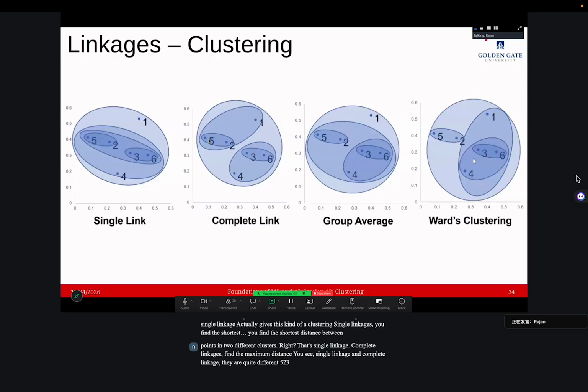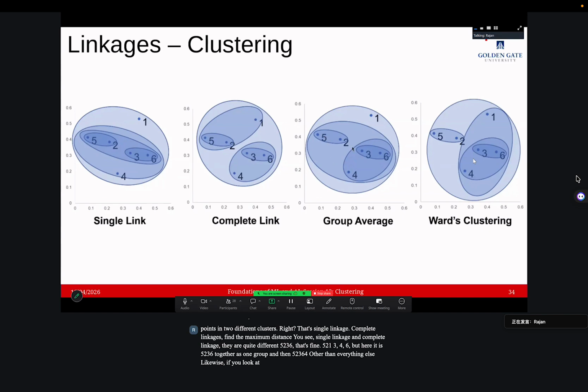You see, single linkage and complete linkage are quite different. 5, 2, 3, 6, that's fine. 5, 2, 1, 3, 4, 6, but here it is 5, 2, 3, 6 together as one group, and then 5, 2, 3, 6, 4, and then everything else. Likewise, if you look at group average linkage, it's different. Average linkage and complete linkage seem to be identical, but they are not. You see 5, 2, 1 and 3, 6, 4.